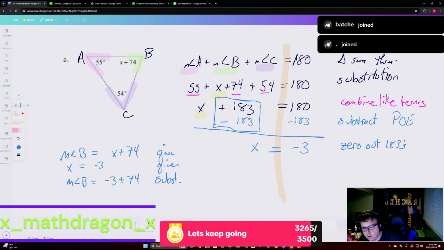And then we're going to get the measure of angle B equals 71 by simplify. Or you could even say add or subtract, whatever, but simplifying. And if you wanted to triple check yourself, do 71 plus 55 plus 54, and we know all three angles in a triangle should give you 180 degrees. Make sure that that happens.